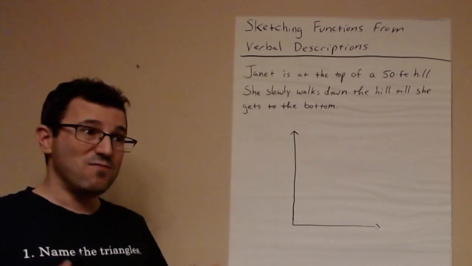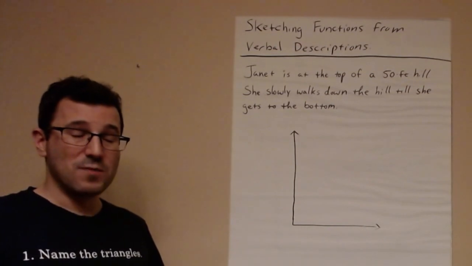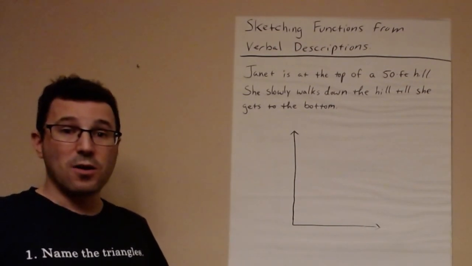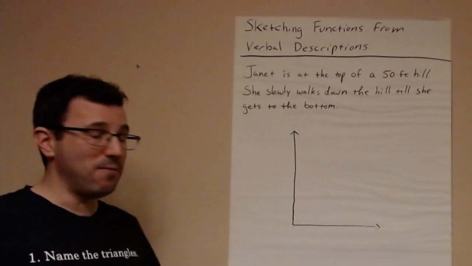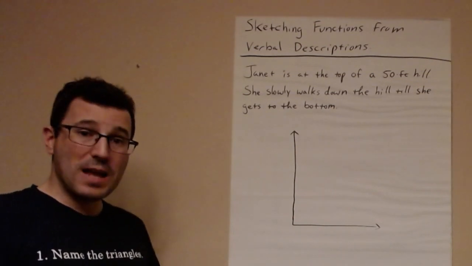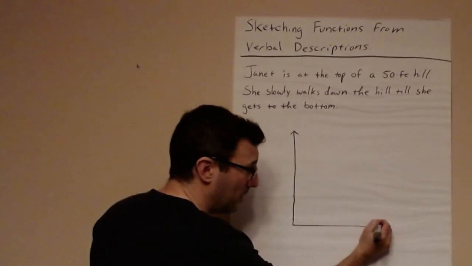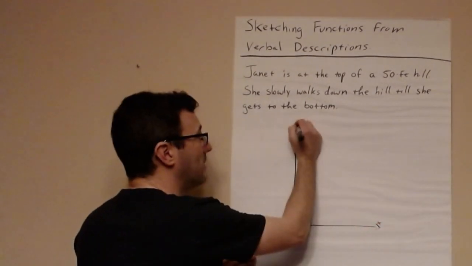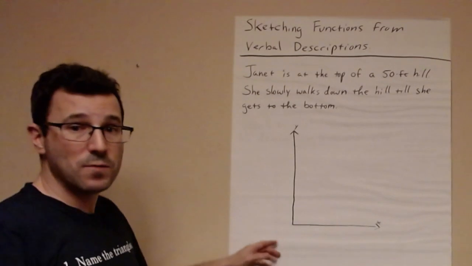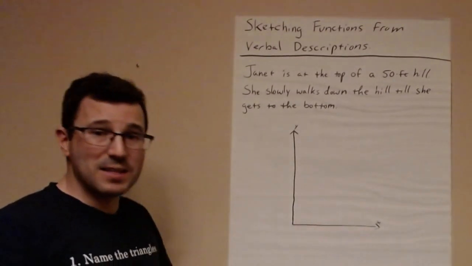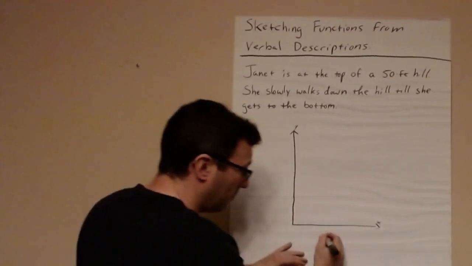Time, 99% of the time, is going to be our x variable, our independent variable. So that's our x-axis, that's our y-axis. Along my x-axis, I'm just going to write the word time.